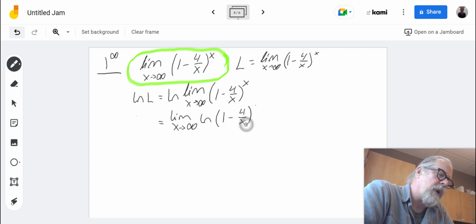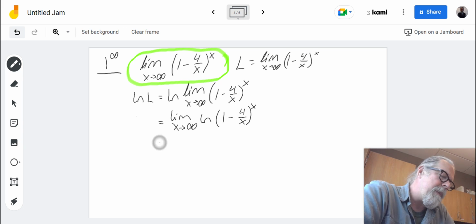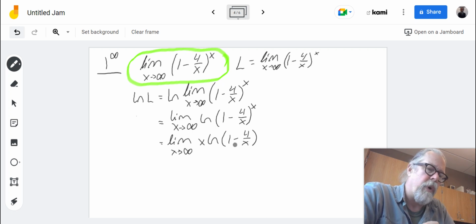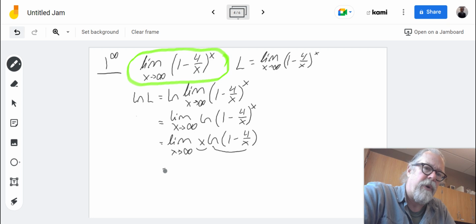That natural log does not affect the operations of the limit, and that means that I am allowed to move the x out front. Now I've got infinity times 0. So I just want to make this 0 over 0.